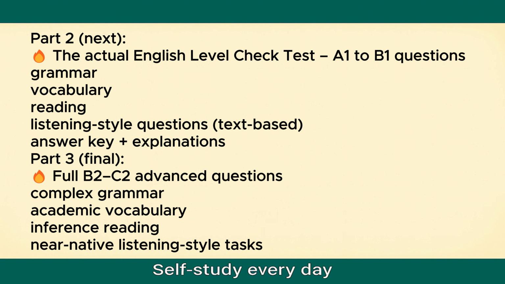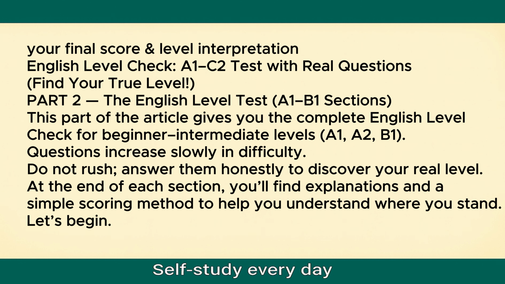Grammar, vocabulary, reading, listening style questions, text-based, answer key, and explanations. Part 3. Final. Full B2 to C2 advanced questions, complex grammar, academic vocabulary, inference reading, near-native listening style tasks, your final score and level interpretation.